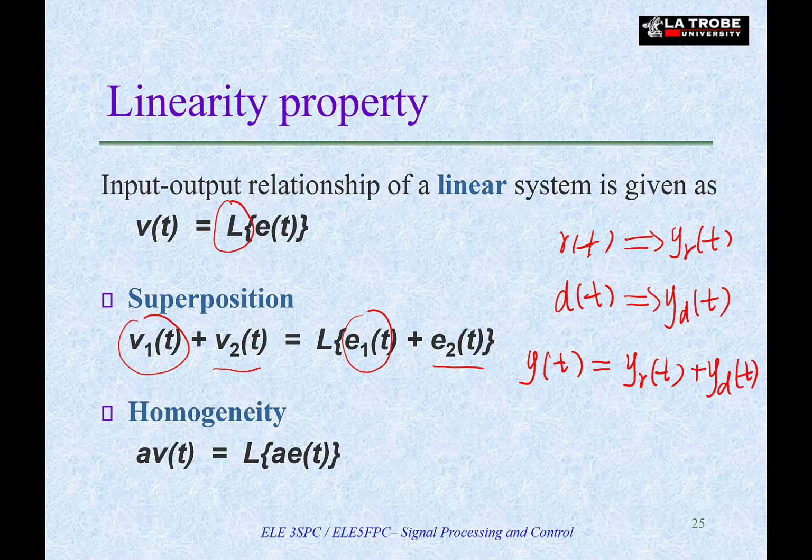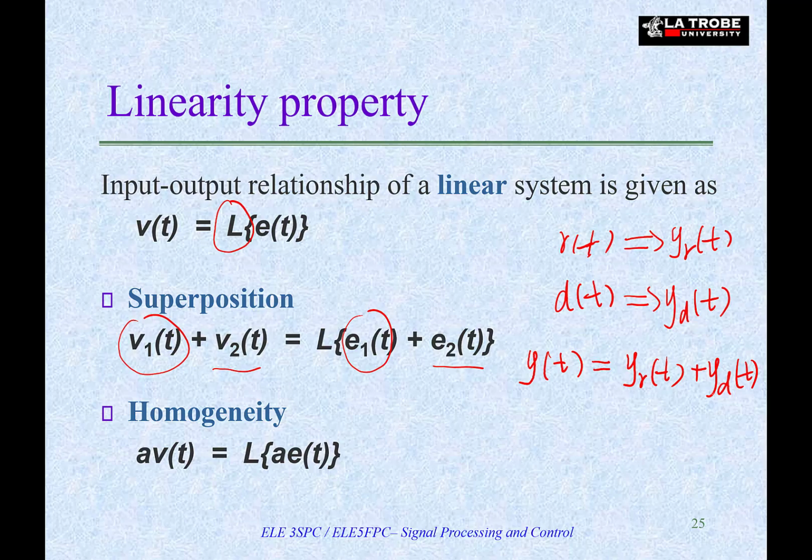It is as simple as that. And when you are seeking YRT, you don't have to worry about the existence of DT. You only need to treat YRT, which is produced by RT, by ignoring the existence of DT.